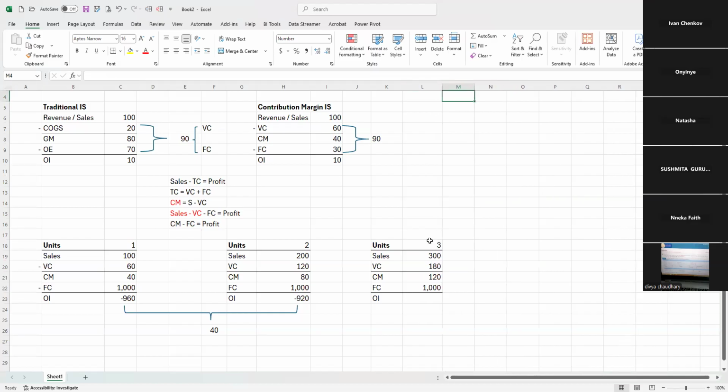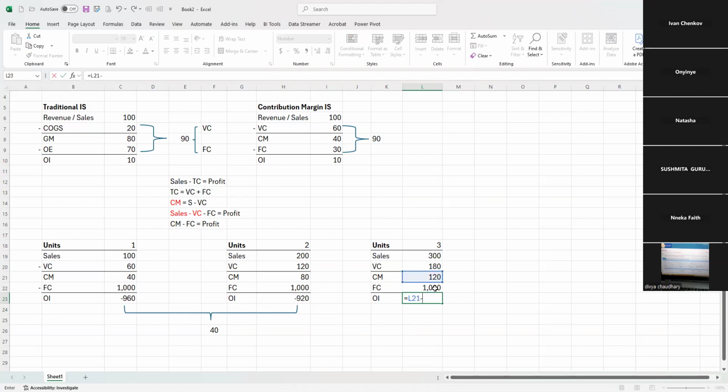So if my sales triple and my variable cost triples, what's happened with my contribution margin? It also tripled. Can you see it? Yes. Now what's going to happen with my operating income?